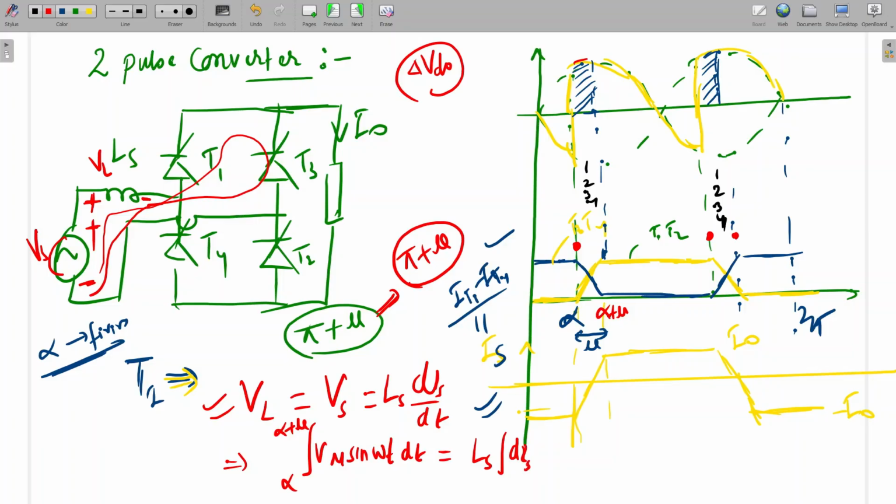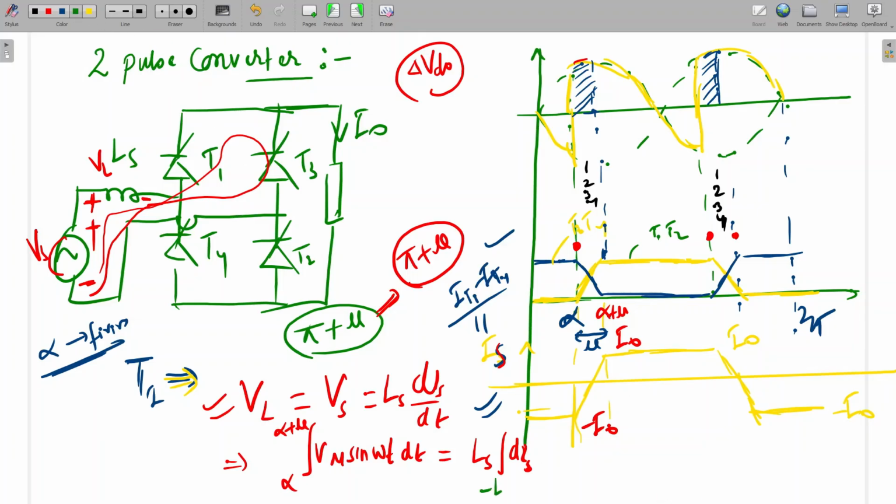What is the limit of is? The source current goes from minus I naught to I naught. In other converters, like the 3 pulse and 6 pulse analysis, if you see this kind of equation, the current limit is 0 to I naught. But here the limit is minus I naught to I naught.